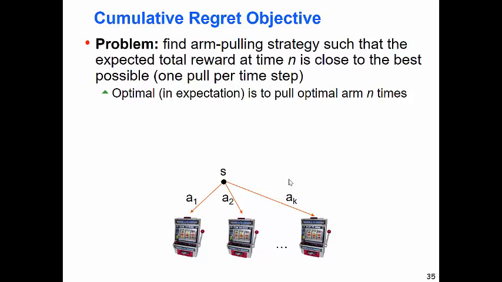What do we think? No? Okay, so we've got some no's. Another no. Would it be a good strategy? Why wouldn't it be a good strategy? Like, we're pulling each arm roughly an equal number of times.